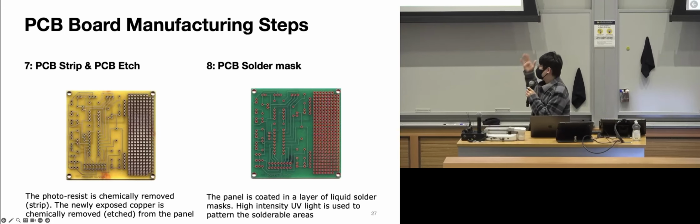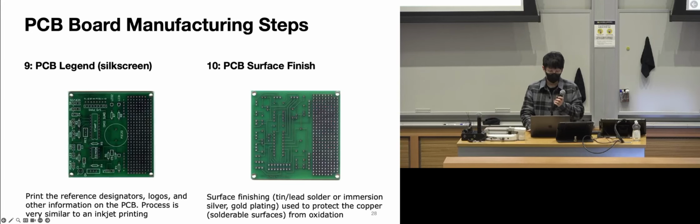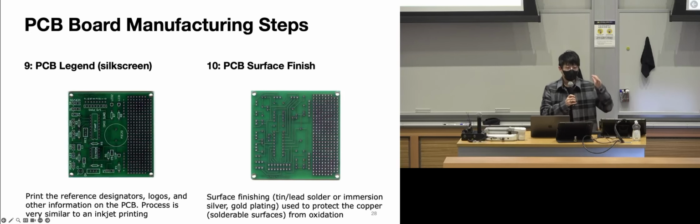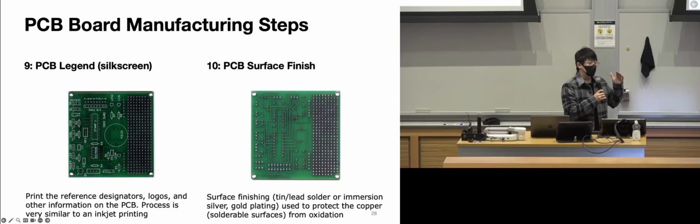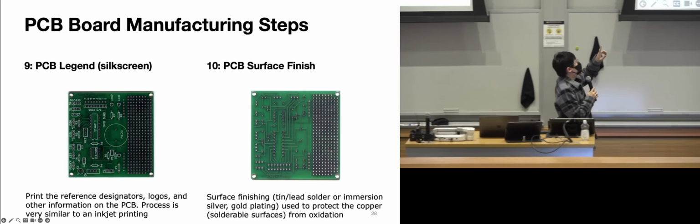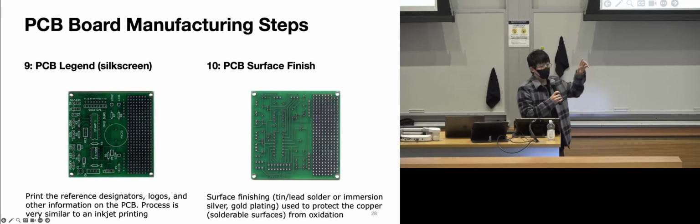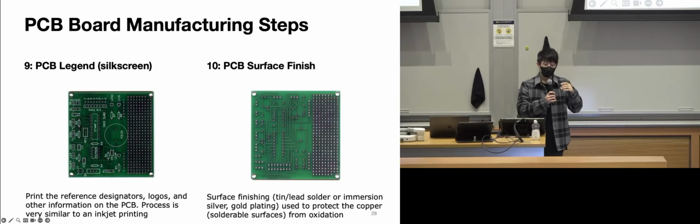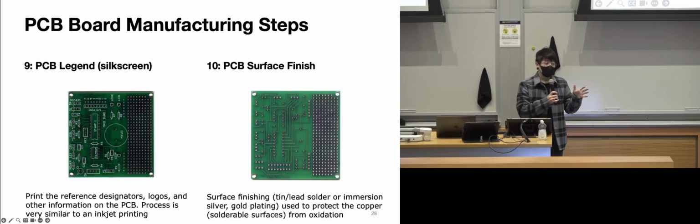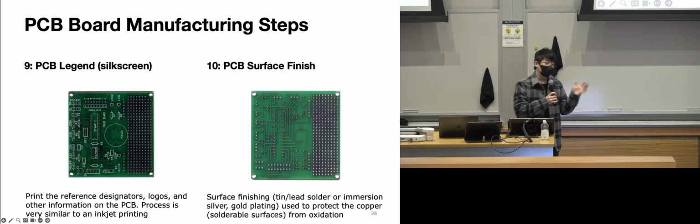In this case, the most common one is green. With that, the manufacturers will put on the legends, or what they usually call the silk screen. Basically, the labels that go onto your PCB usually say what each component is: if it's a resistor, is it R1, R2?